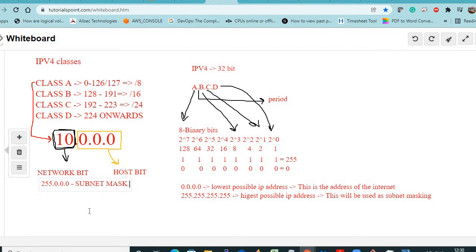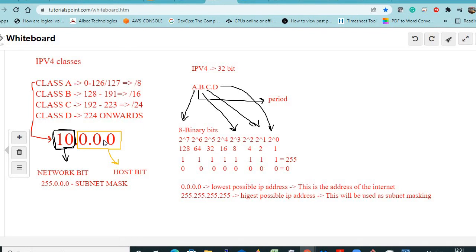Why? Because /8 means 255.0.0.0, because we are only using the first octet as a network. Now this part we cannot assign to the network. So class A is the highest class, having the highest number of IP addresses.